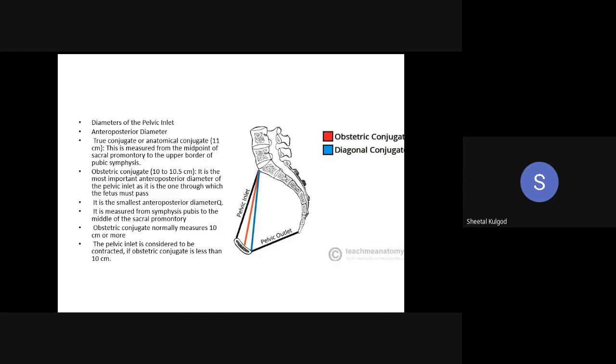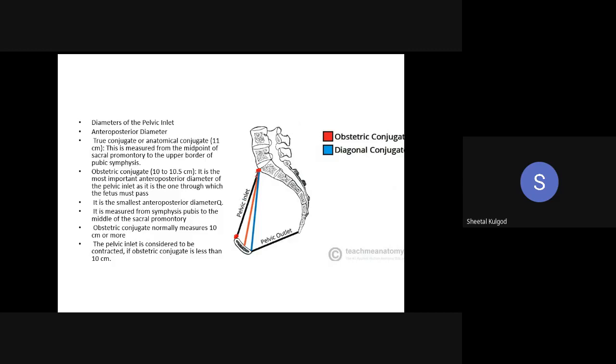The true conjugate, or the anatomical conjugate, is measured from the midpoint of the sacral promontory here to the upper border of the pubic symphysis. So the black line you're seeing here is the true conjugate, and that measures about 11 centimeters.